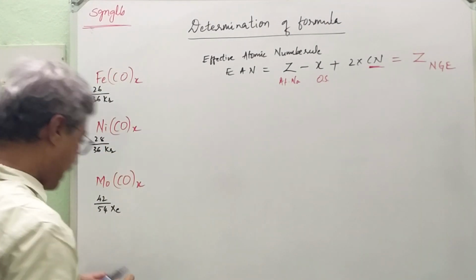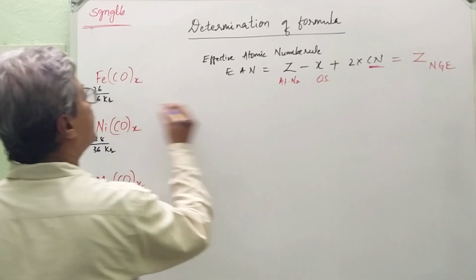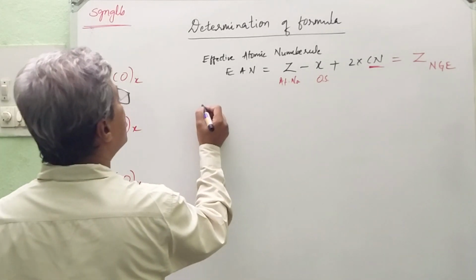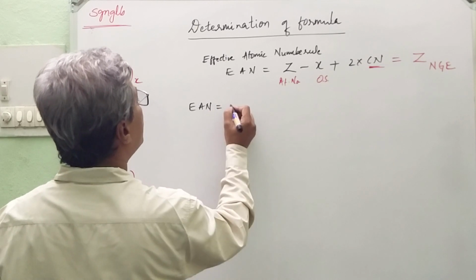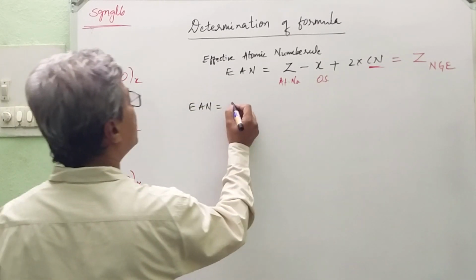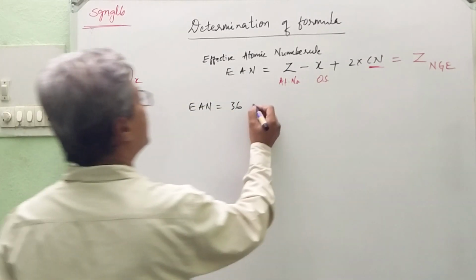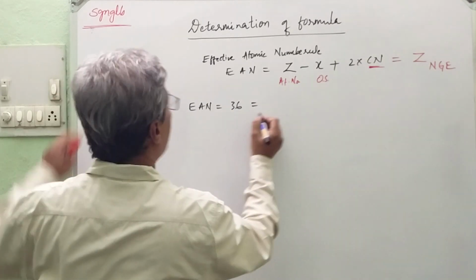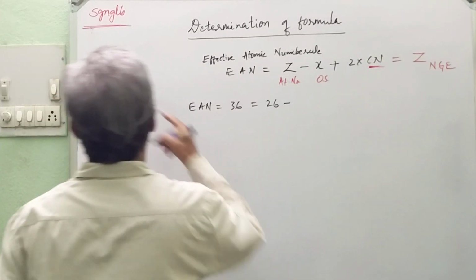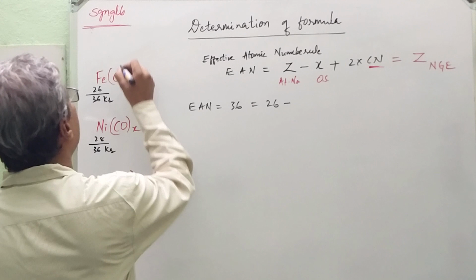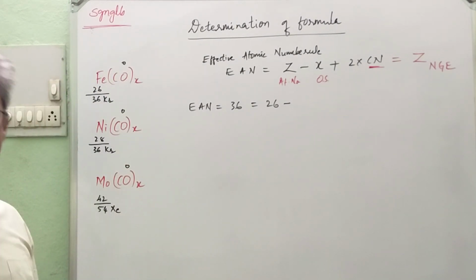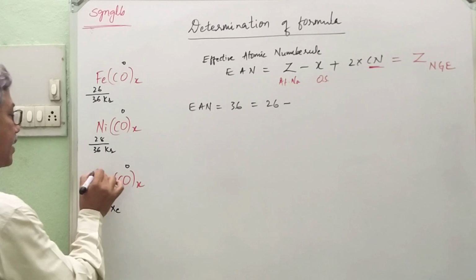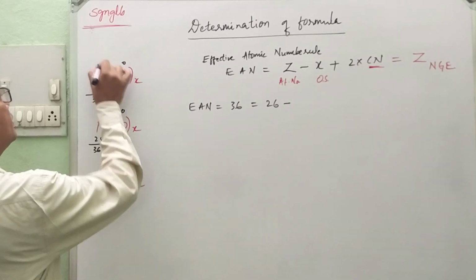Let's use it for Fe. Here for Fe, the EAN value will be equal to how much? Krypton, which is 36. 36 is equal to Z of Fe, how much is it? 26, minus the oxidation state. CO is a neutral ligand, therefore all CO have 0. That means the oxidation state will be 0 in all the cases.